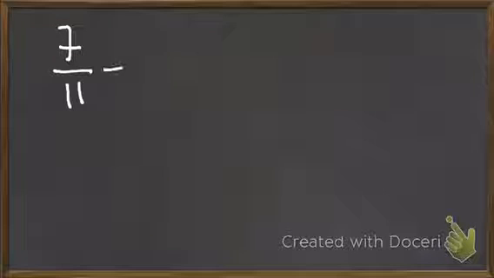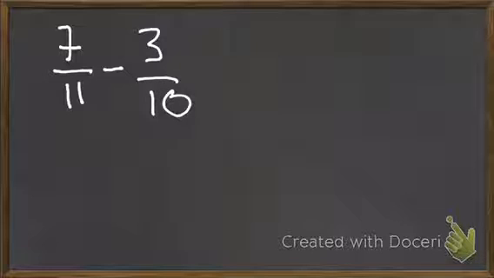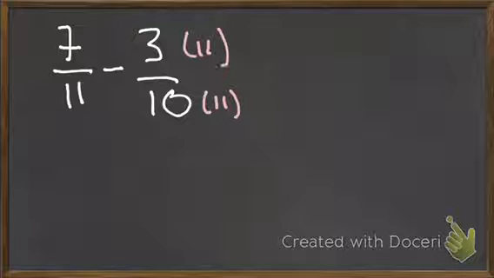And let's say we're going to subtract 7 elevenths minus 3 over 10. Well, in order to subtract these two fractions, I need to have the same denominator. I'm going to multiply this side by 11, and I multiply this side by 10.